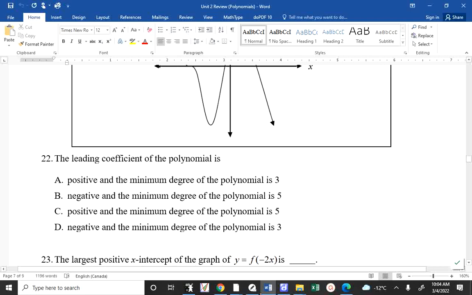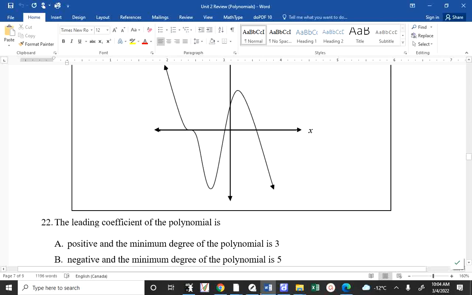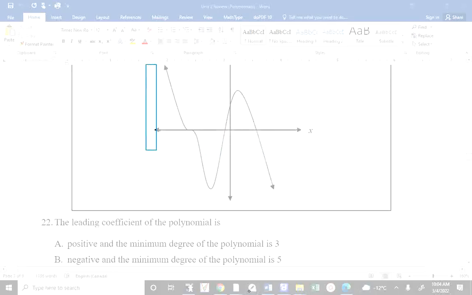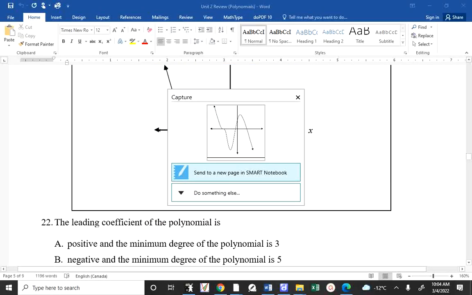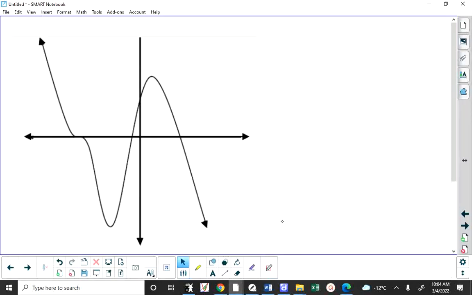Why is the degree 5 and not 3? Because, first of all, just in a very general sense, everybody, the degree of the polynomial function is related to the x-intercepts, right? And if we go back to the very first day, I could pull up the graphs.